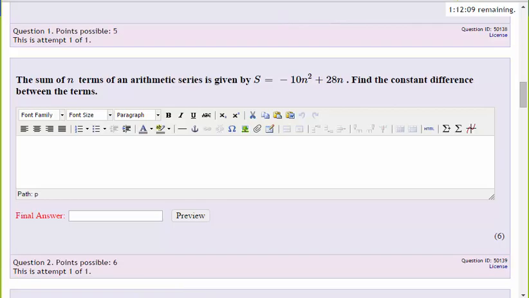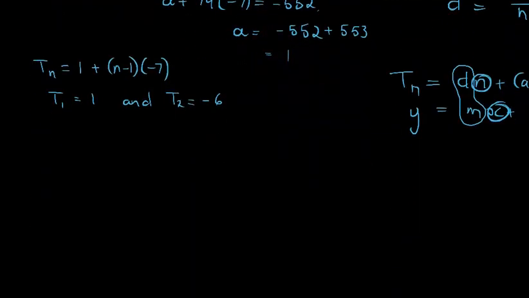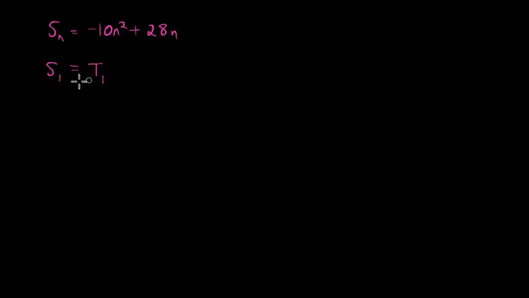Okay, so let me quickly look at that. So they give us our Sn. Our Sn was negative 10n squared plus 28n. So in other words, S1 is equal to term 1 plus nothing, because I'm adding the first term, which is equal to a 1 in here.